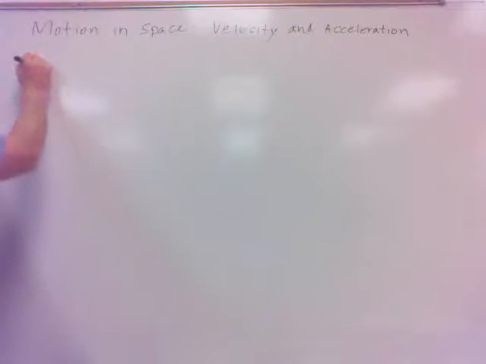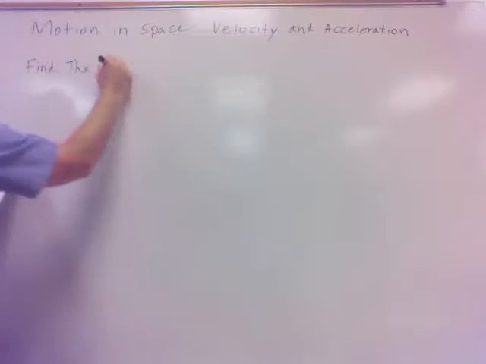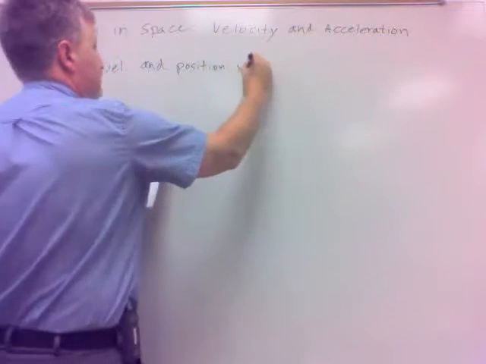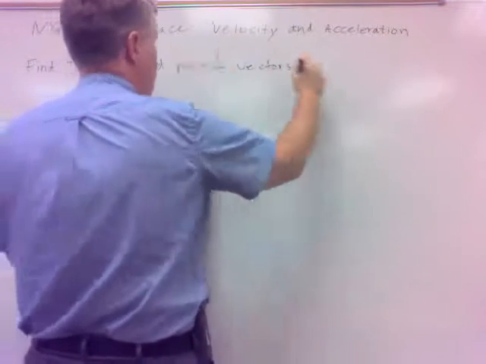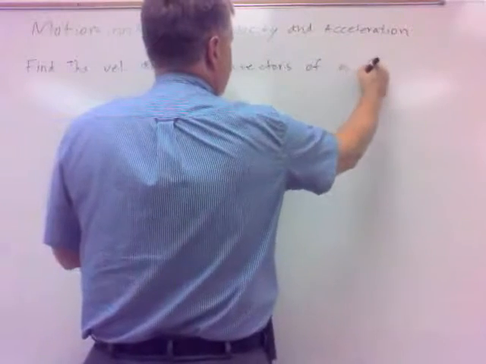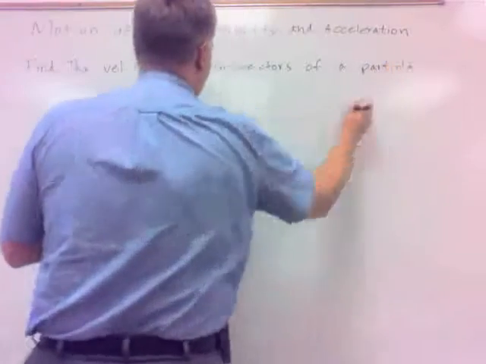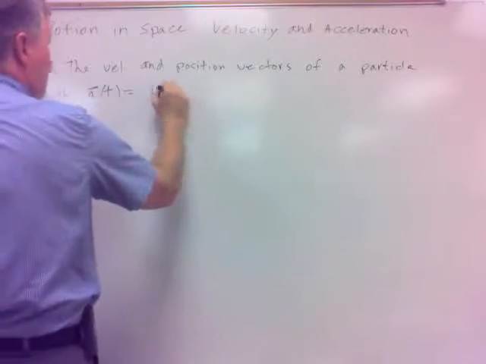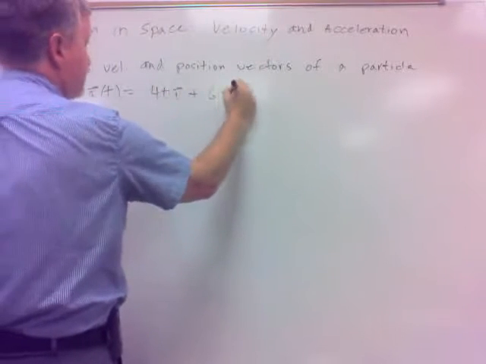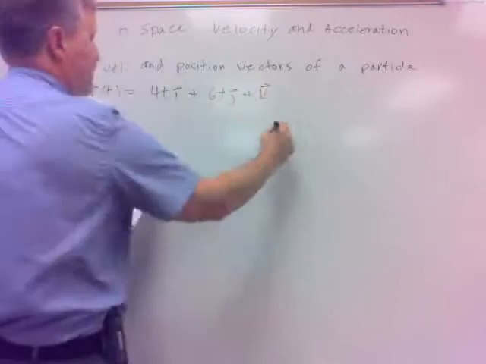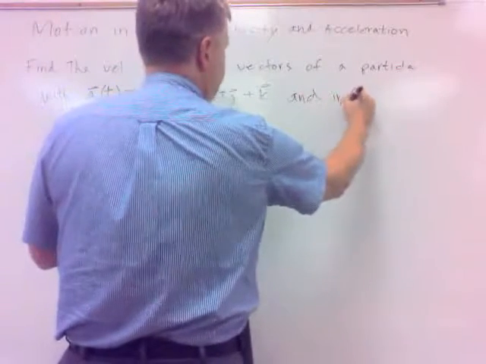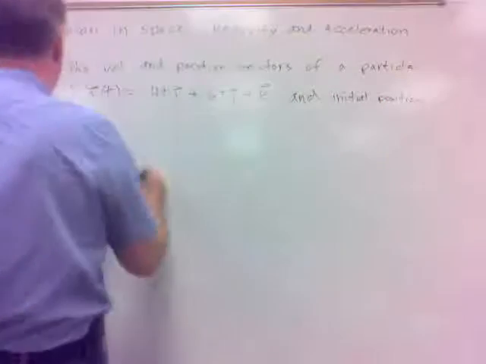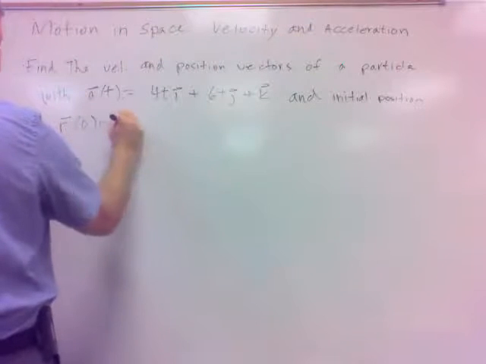Okay, so next one here: find the velocity and position vectors of a particle with acceleration vector 4t i plus 6t j plus k and initial position r0 equals just i.